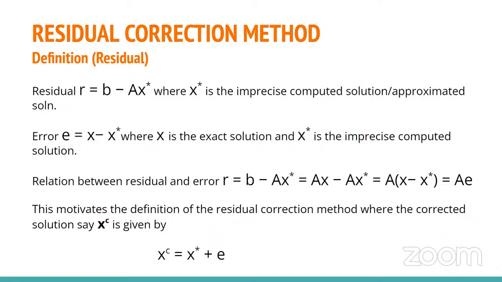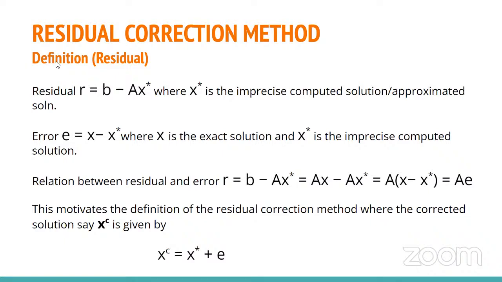So the relationship between the residual and the error: R equals b minus A x star. Remember that Ax is equal to b. If you can remember the linear formula, Ax is equal to b. Then we are substituting b with Ax, that's why you can see Ax minus A x star, which is still in the formula.